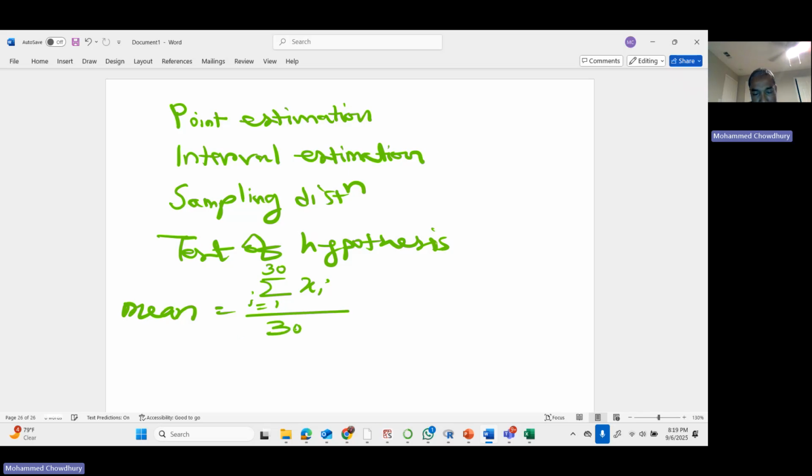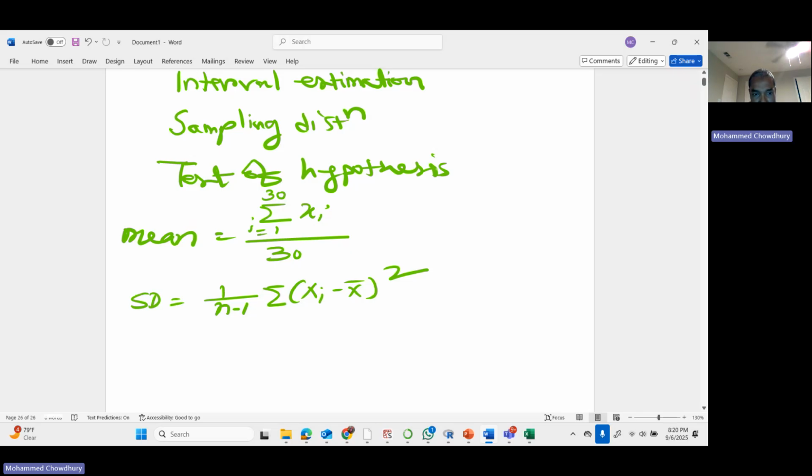Okay, this is the mean. And then what is the standard deviation? Standard deviation equals the square root of 1 over n minus 1 times the sum of xi minus x bar squared. Okay, this is the standard deviation that we obtain from the sample.